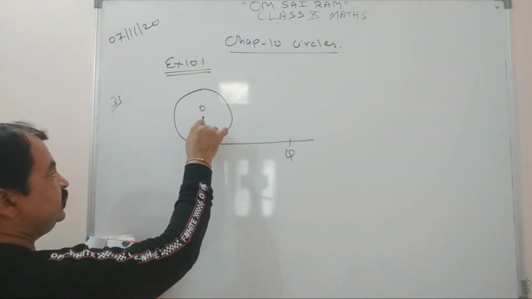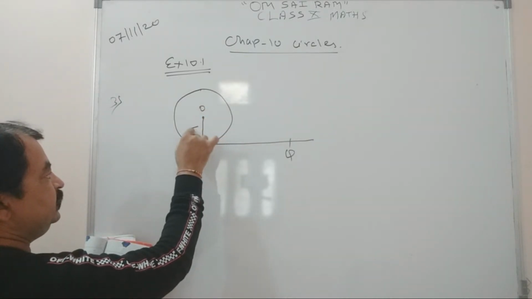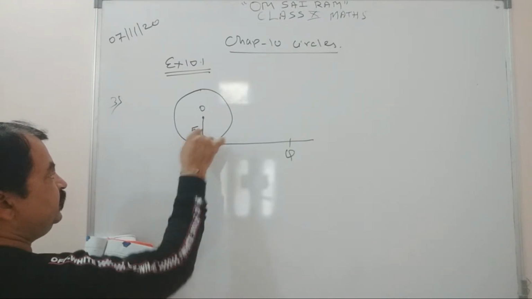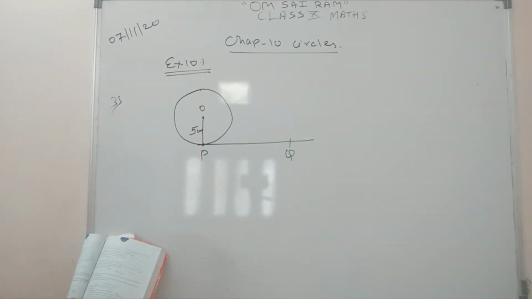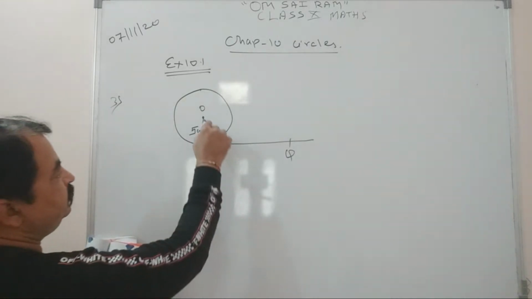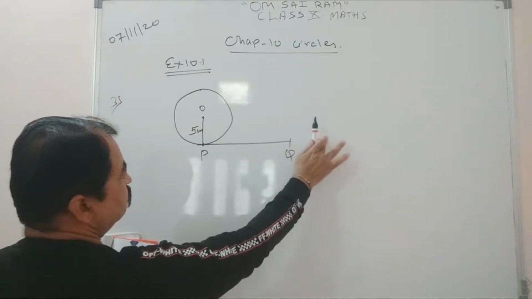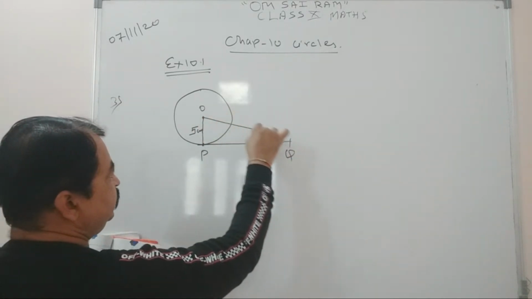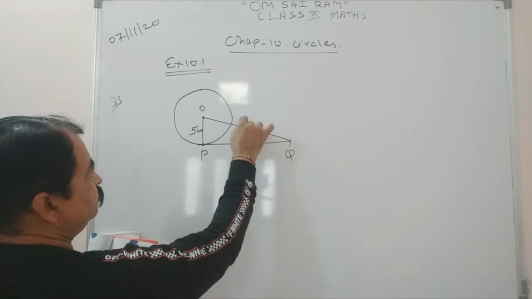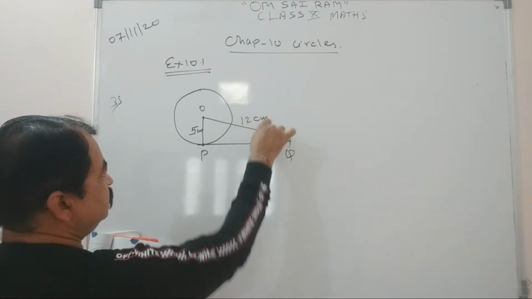Join the radius, children, here. This radius is 5 centimeter. Right, children? Meet a line through the center O at a point Q so that OQ is 12 centimeter. Join this OQ, we get this figure, children. OQ is given 12 centimeter.